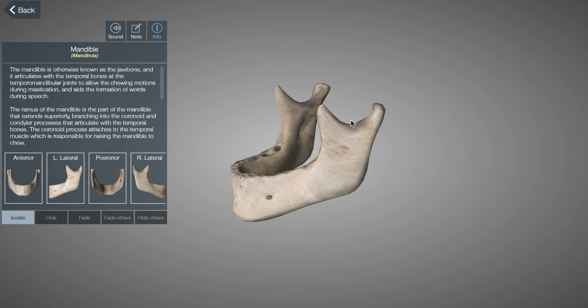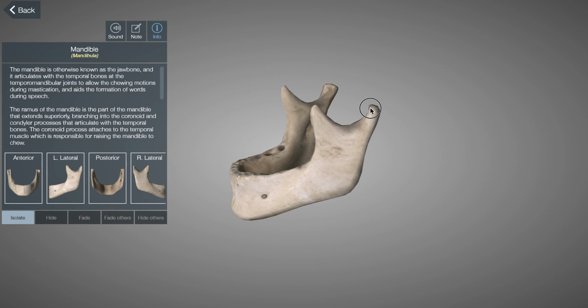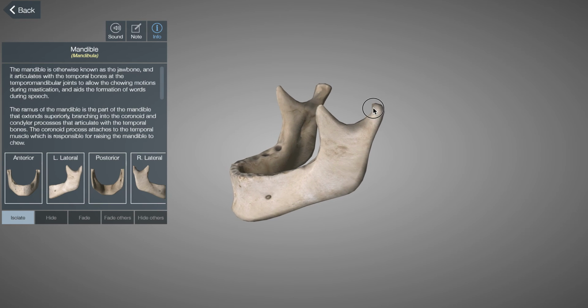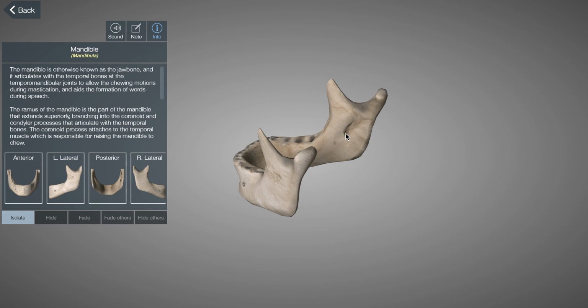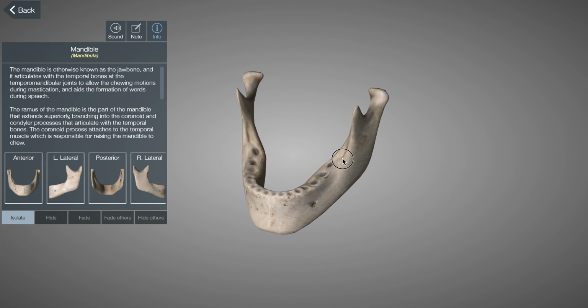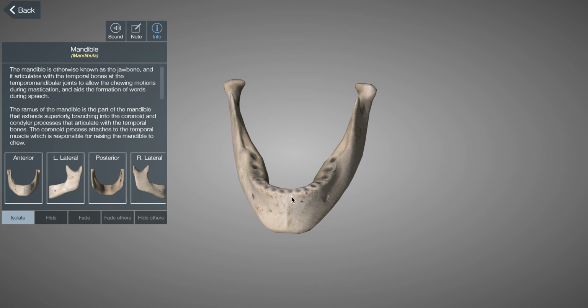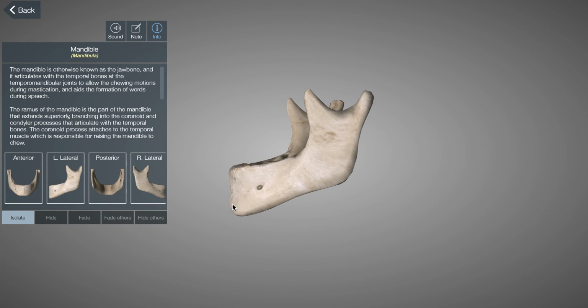This is the mandibular notch, coronoid process, and condylar process. And you'll see there's also a hole right over here. That's called the mandibular foramen. This, where the teeth kind of go into, we call that the alveolar margin. And this part right over here that kind of sticks out, that's the mental protuberance.